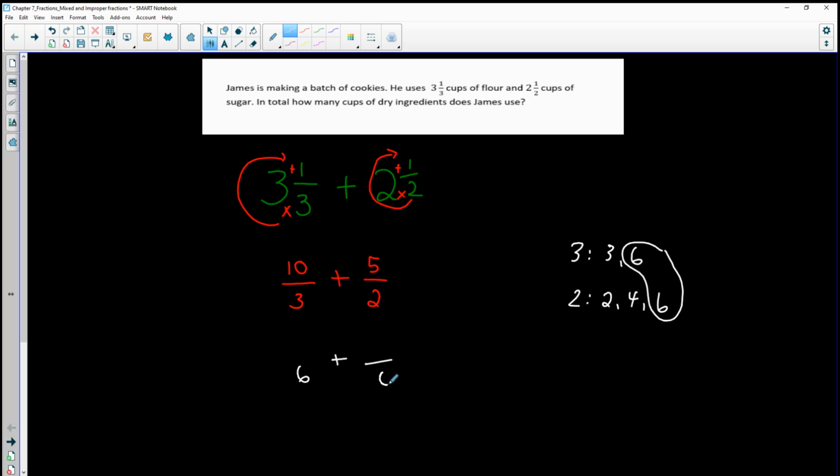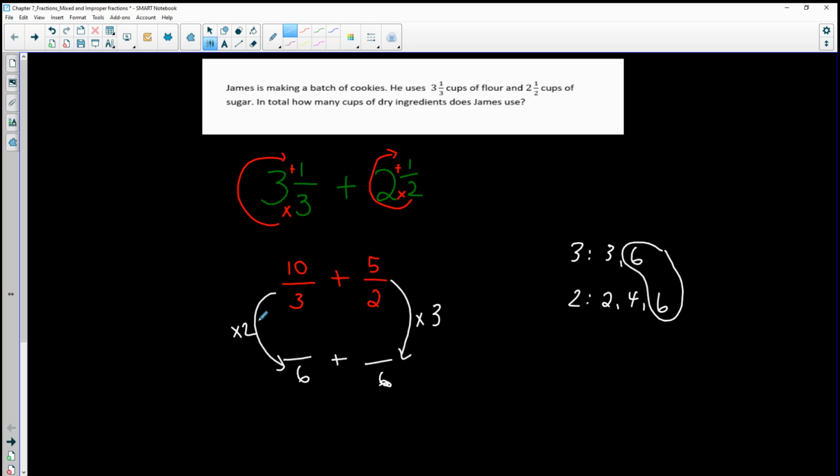Okay, so then we try to figure out how did I get from the denominator of 2 to the denominator of 6? I multiplied by 3. How did I get from the denominator of 3 to the denominator of 6? I multiplied by 2. Now, what you do to the bottom, you must do to the top.